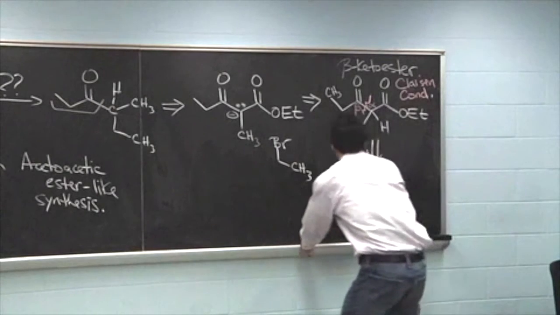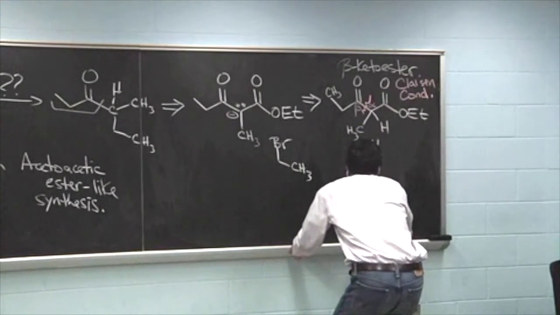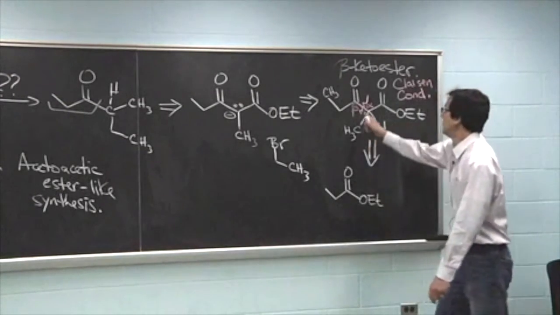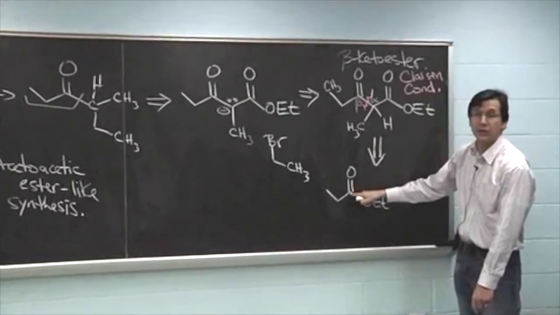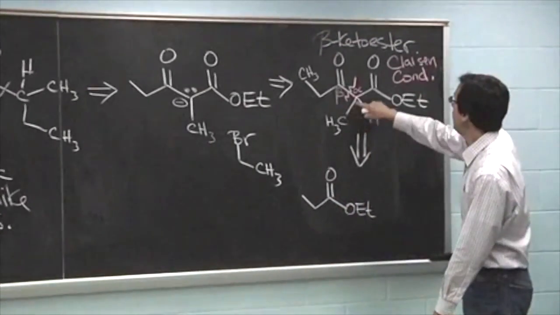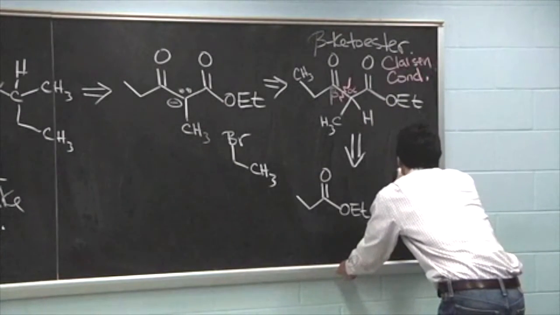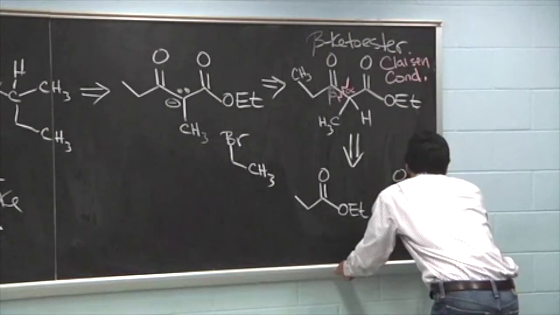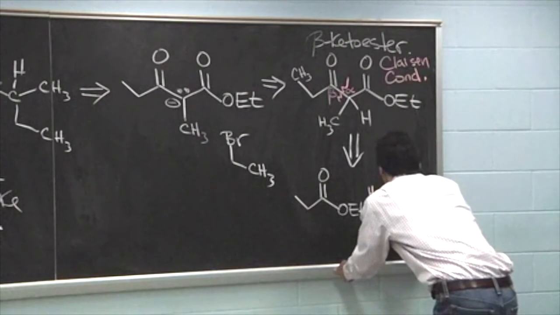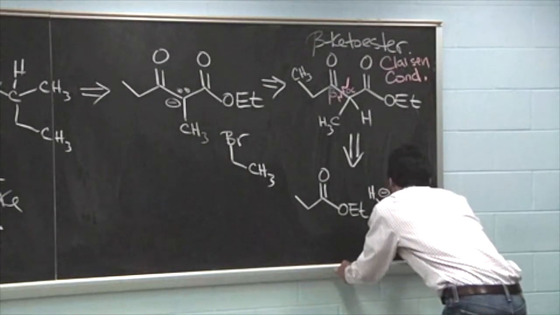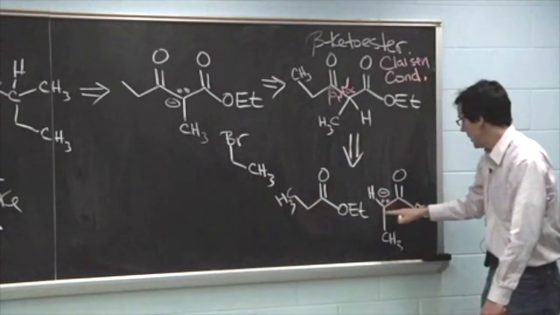And that would take us back to the need for one ester unit here. That's the ester to which the enolate is going to add. And then these carbons over here would be part of this enolate.